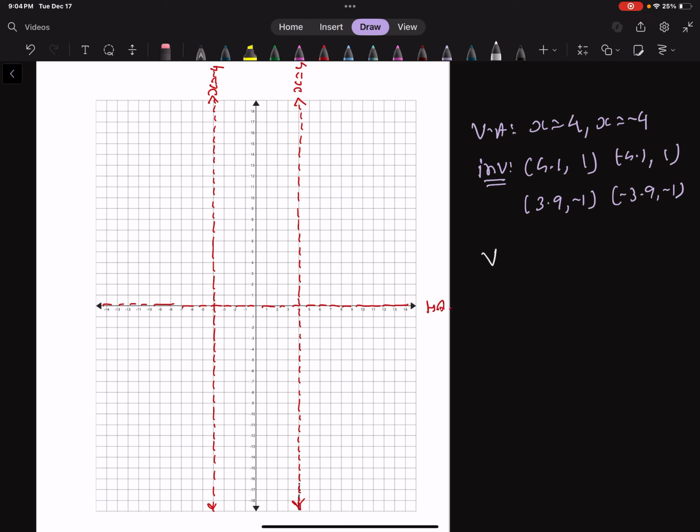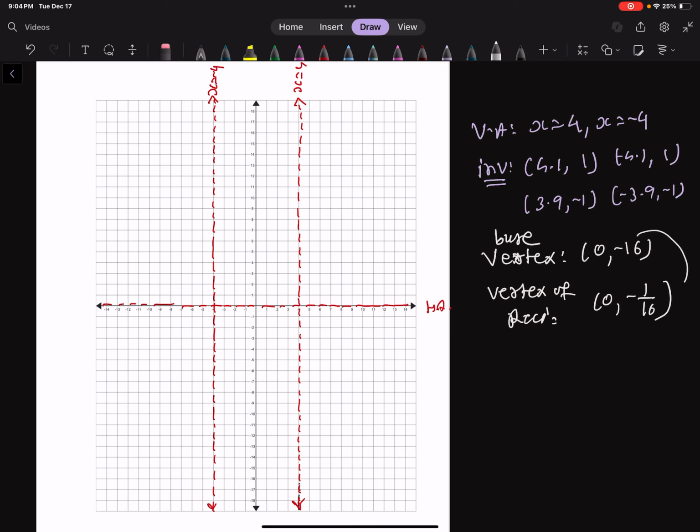Okay, so the vertex of the original graph is (0, -16). This is for the base graph; the vertex of the reciprocal function graph is (0, -1/16), just the reciprocal of the y-coordinate.